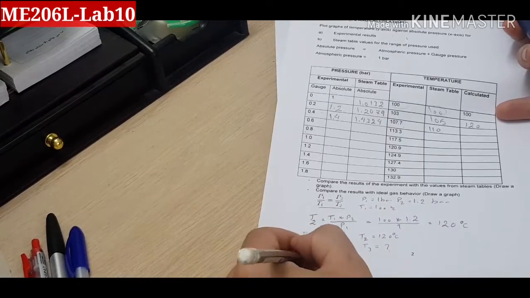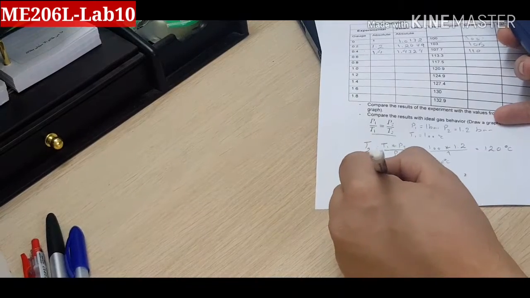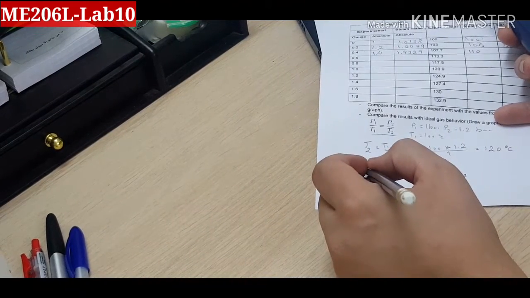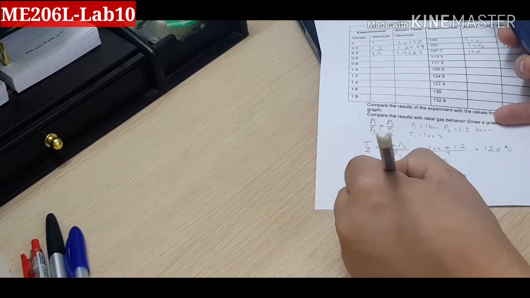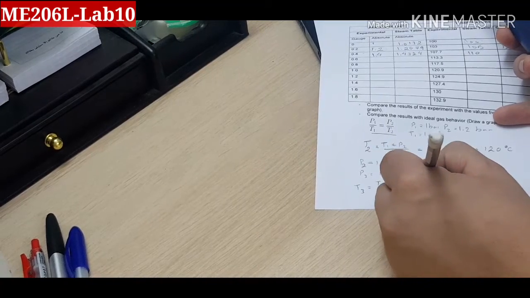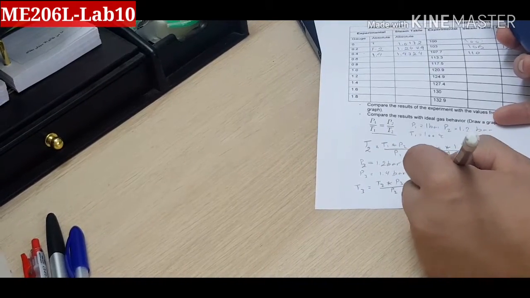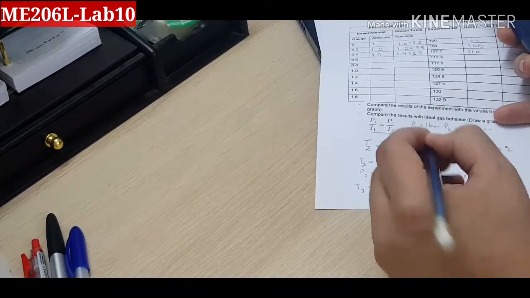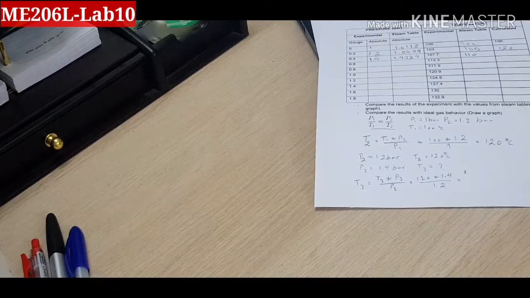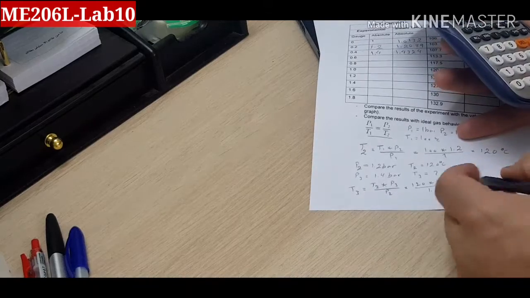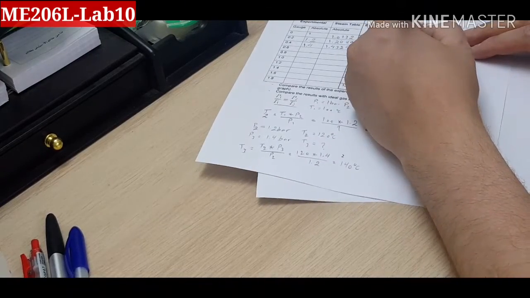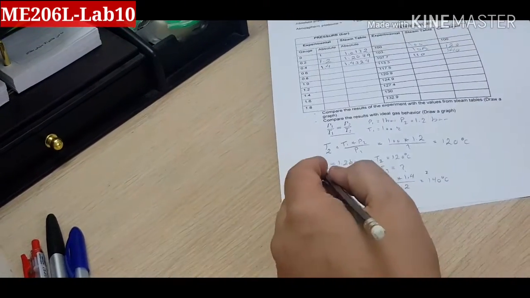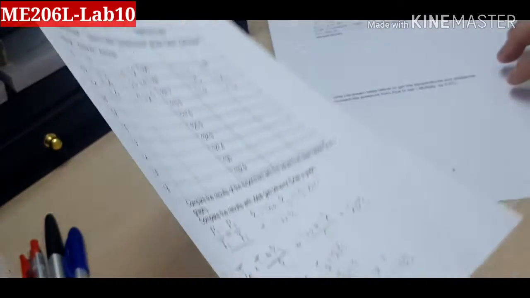T3 equals T2 times P3 over P2, which is 120 times 1.4 over 1.2. Then we got 140 Celsius, and so on. You have to find all the table and show me one of the calculations. It's enough for me.